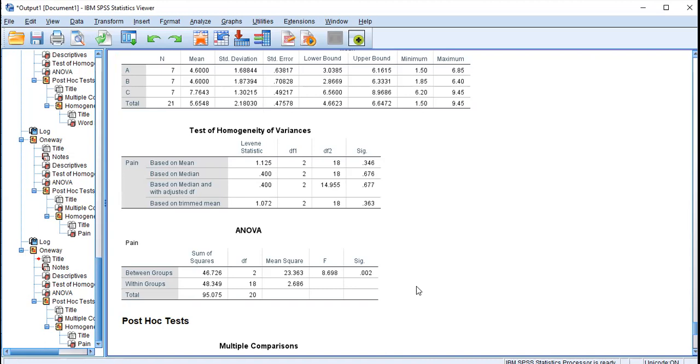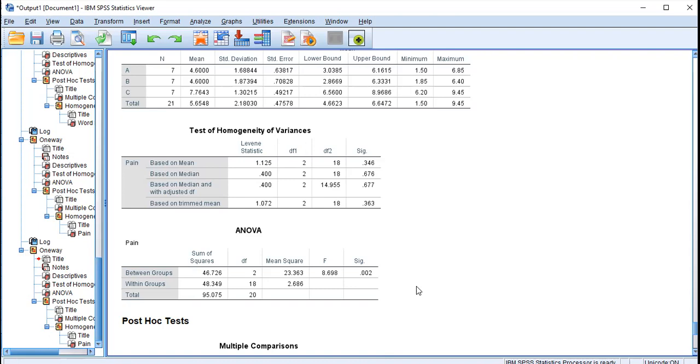the effect size. Effect size, eta square, is equal to between groups sum of squares divided by the total sum of squares. So that is the formula we are using. And if you look here, the value for between groups sum of squares happens to be 46.726, and the value for total sum of squares happens to be 95.075.